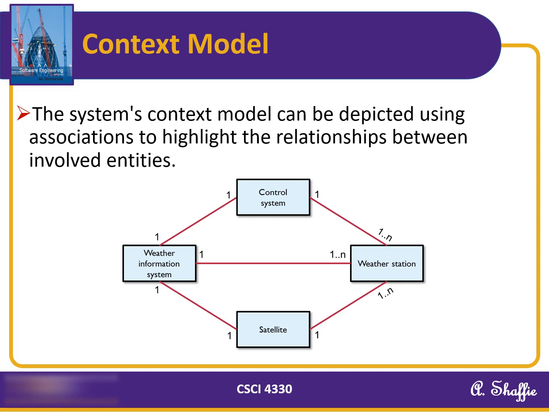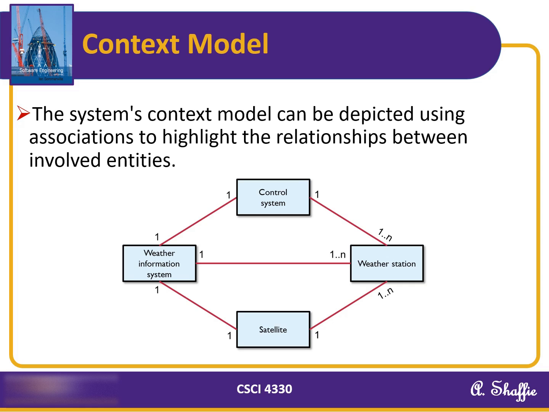Next are the weather stations themselves, which are distributed systems collecting environmental data. Each weather station interacts with both the control system and the weather information system. Finally, we see the satellite system, which plays a key role in facilitating communication between the weather stations and the weather information system.